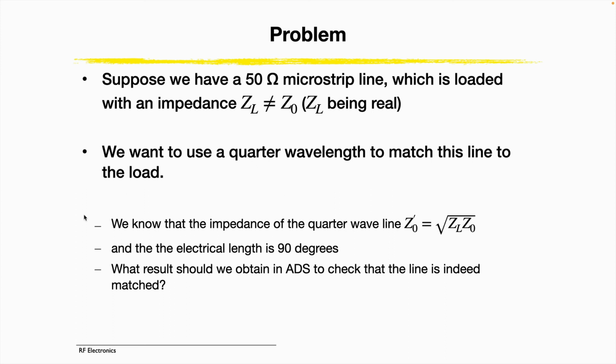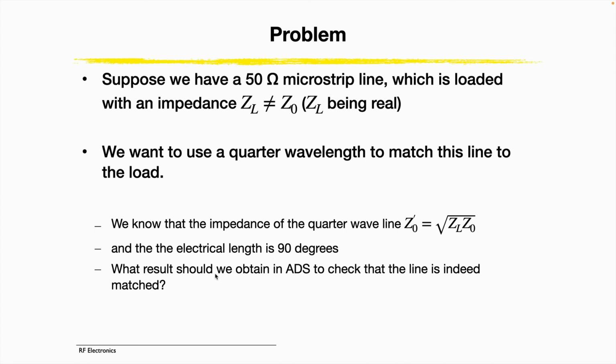Okay. So we know already that a quarter wave line must have an impedance which is given by the geometric mean between the load and the characteristic impedance of the line. And the electrical length of the line is 90 degrees, which means that in LineCalc the electrical length must be set to 90 degrees when designing the line.